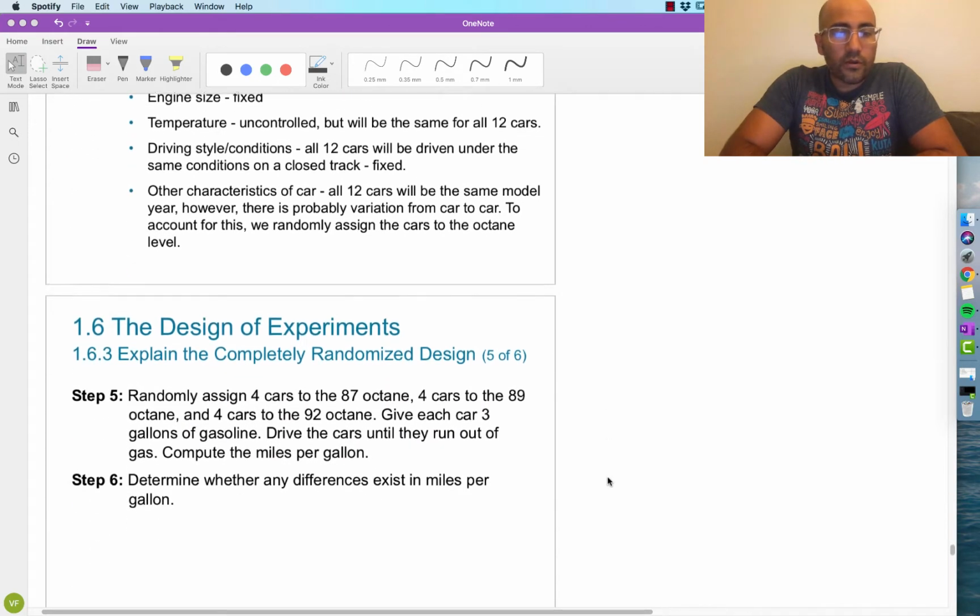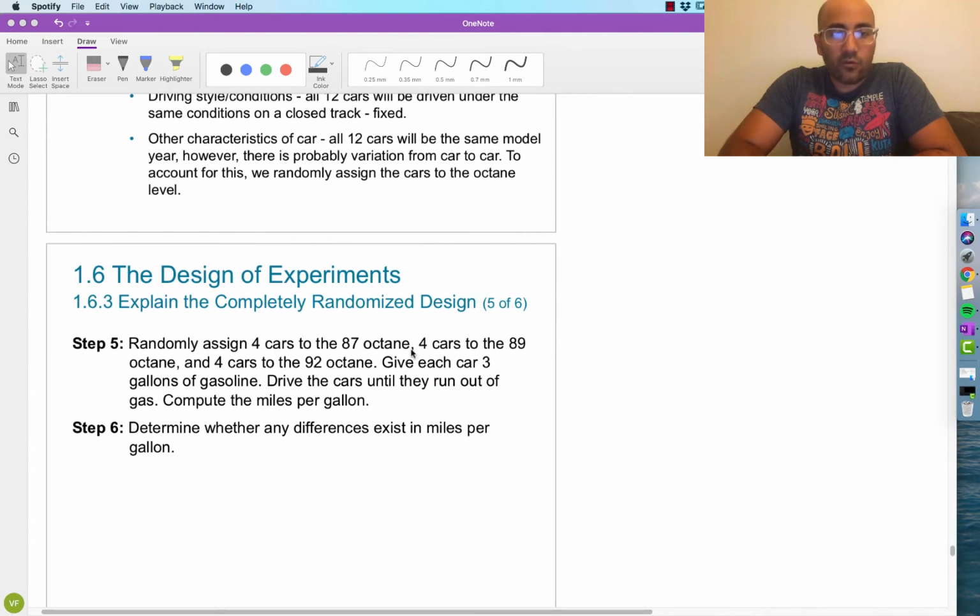Good. All right. So we'll randomly assign 4 cars to the 87 octane, 4 cars to the 89 octane, 4 cars to the 92 octane, and then give each car 3 gallons of gas, drive the car until they run out of gas, and compute the miles per gallon.